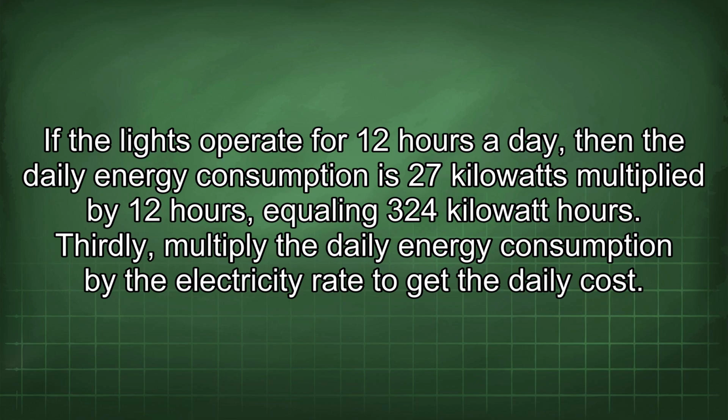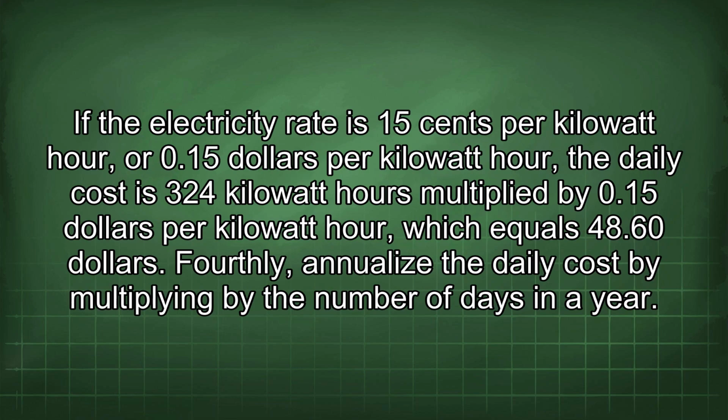Thirdly, multiply the daily energy consumption by the electricity rate to get the daily cost. If the electricity rate is 15 cents per kilowatt hour, or $0.15 per kilowatt hour, the daily cost is 324 kilowatt hours multiplied by $0.15 per kilowatt hour, which equals $48.60. Fourthly, annualize the daily cost by multiplying by the number of days in a year.